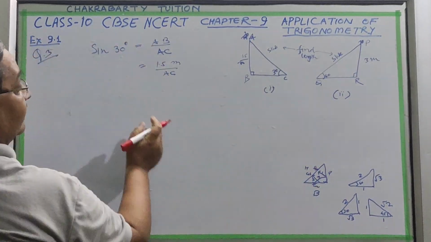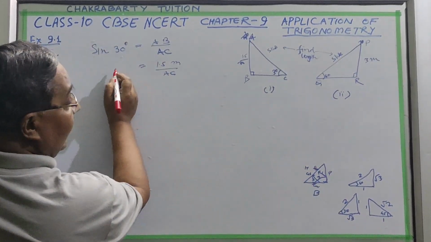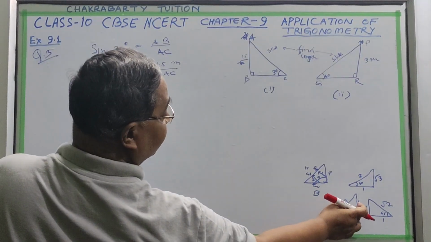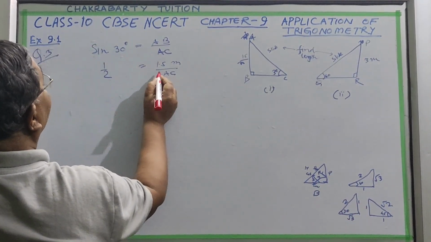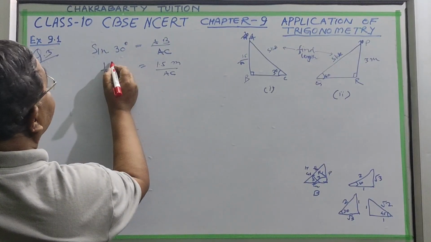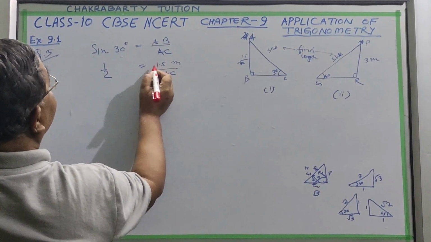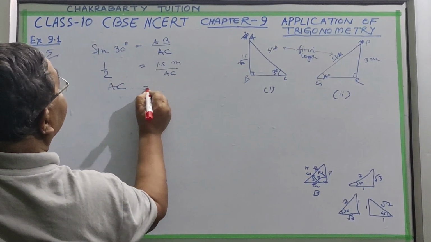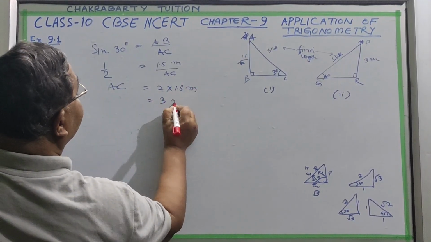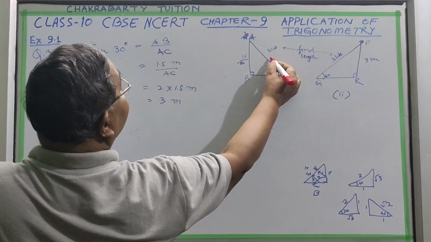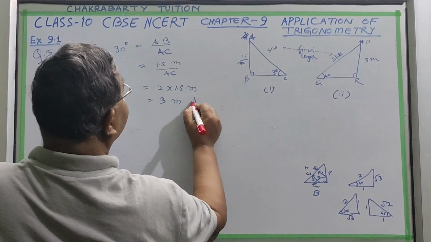So sin 30 will be 1 upon 2. We bring AC to this side: AC is equal to 2 into 1.5 meter, which is 3 meter. This is the answer for slide 1, 3 meter.